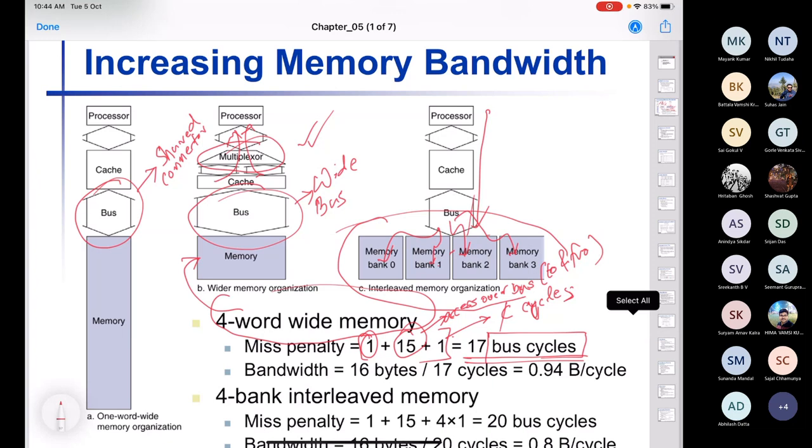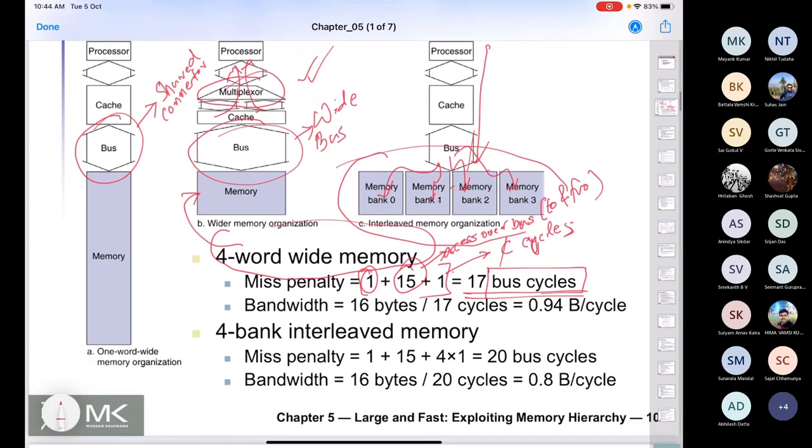Whatever the cycle unit, notice that you have been able to transfer 16 bytes. Why 16 bytes? Because the bus can transfer 4 words at one go, and you took 17 cycles to transfer it. So the effective bandwidth is 0.94 bytes per cycle.